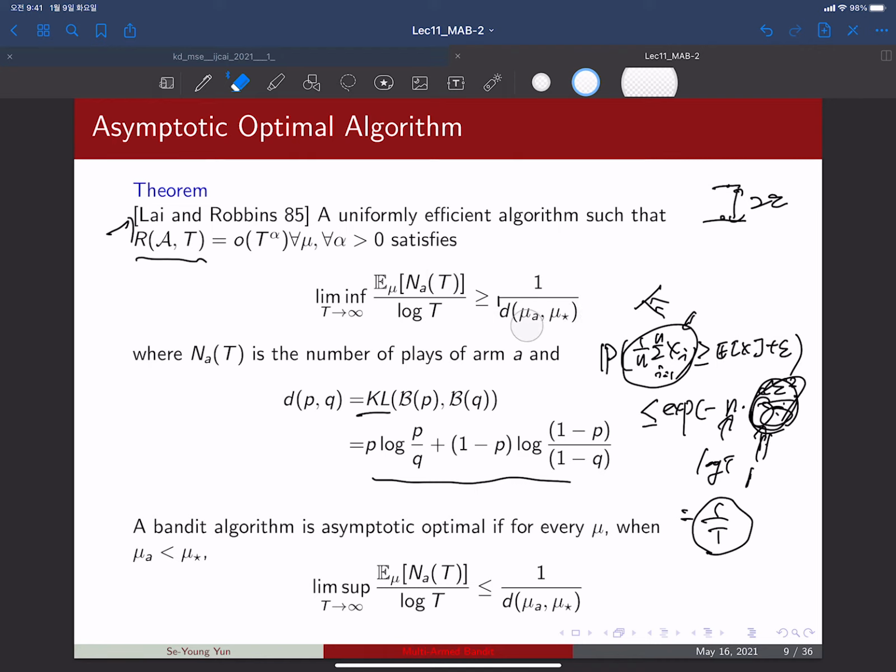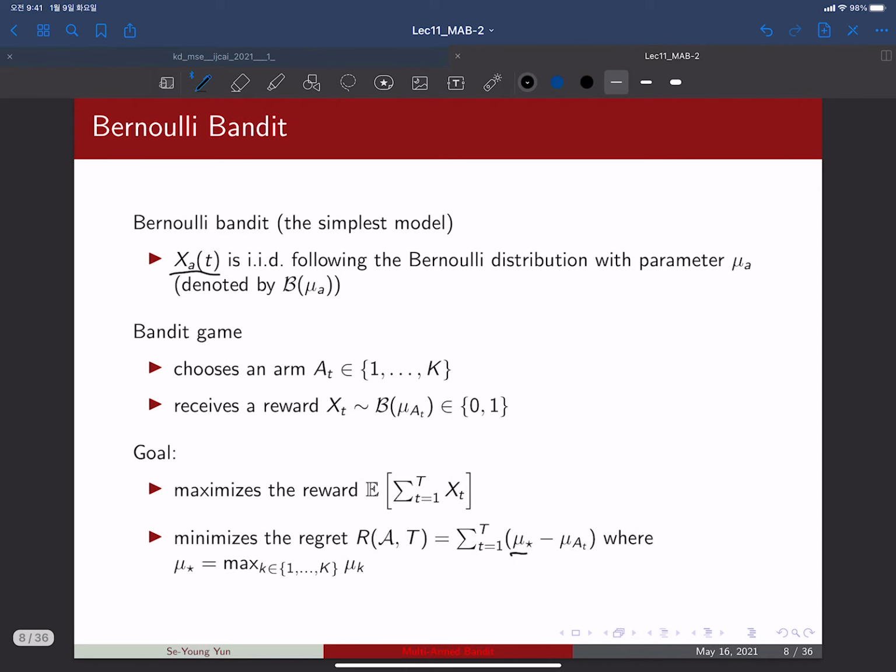Anyway, why is this a regret lower bound? When we are lower bounding the number of plays of each arm, from this we can directly make a regret lower bound. Because what is the regret?